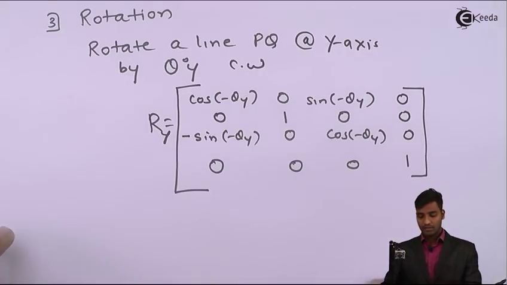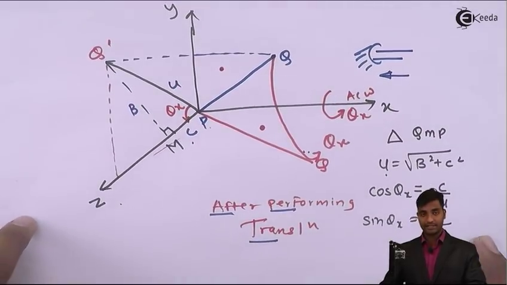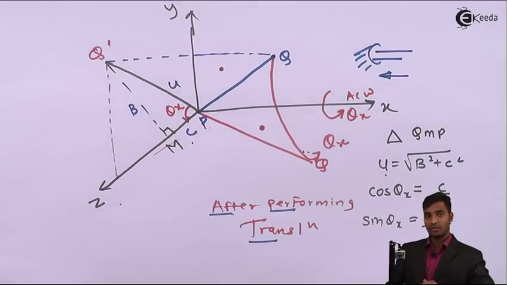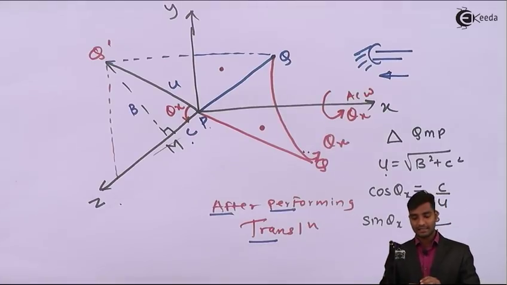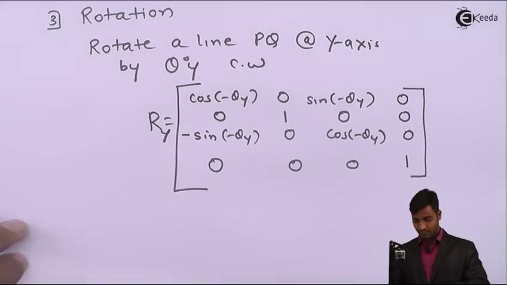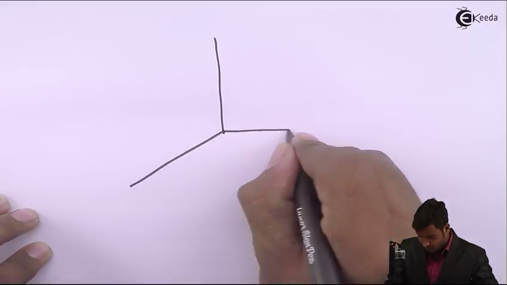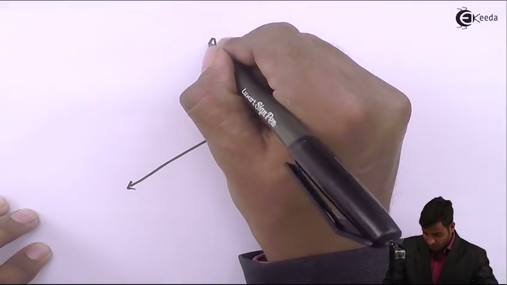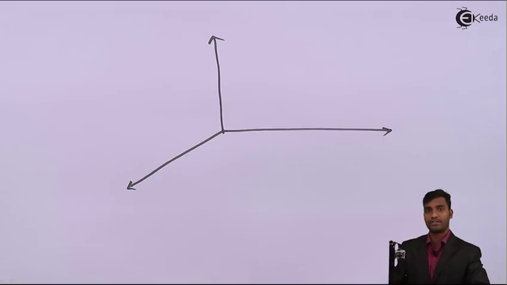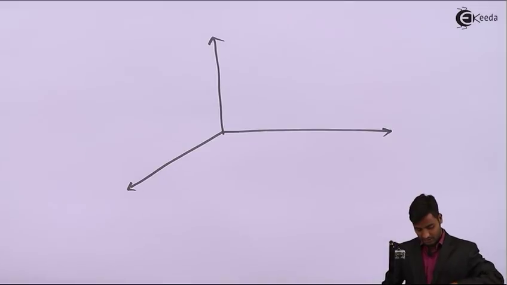So now the initial figure was this one. After performing rotation about y axis in the clockwise direction, the figure will become as follows. I am drawing in the next page so it will be clearer. So now we will draw the figure after performing rotation about y axis.